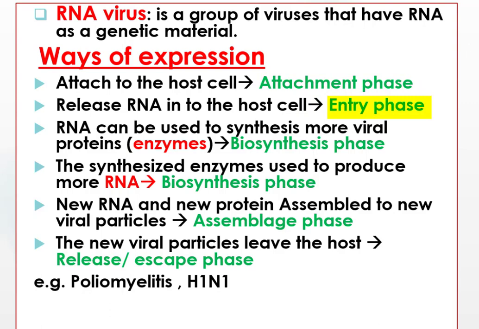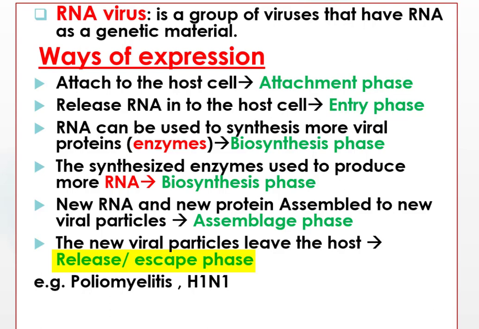Once this RNA molecule gets inside the host cytoplasm, it controls the synthesis of more viral proteins or enzymes. Then the synthesized enzymes are used to produce more RNA in turn. The new RNA and new proteins, after they get synthesized in the host cells, assemble into new viral particles.